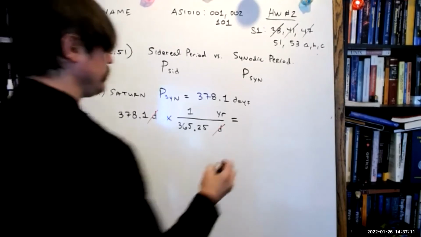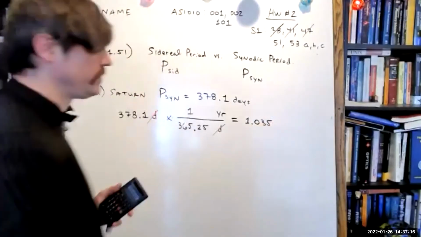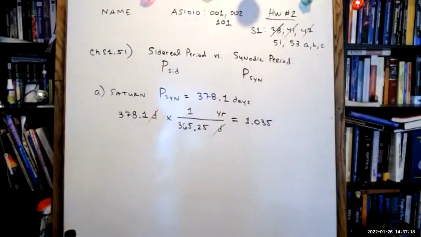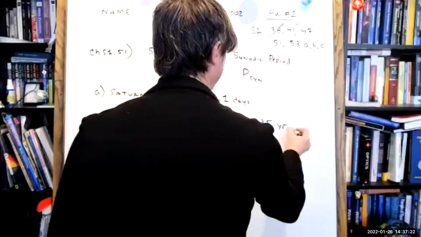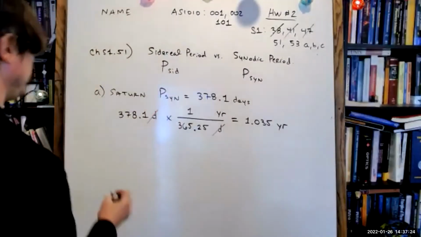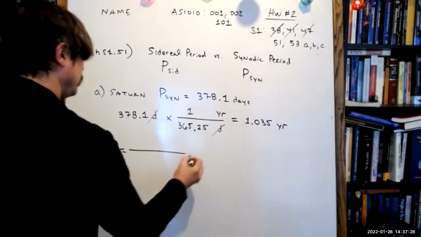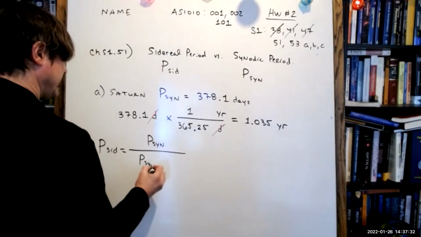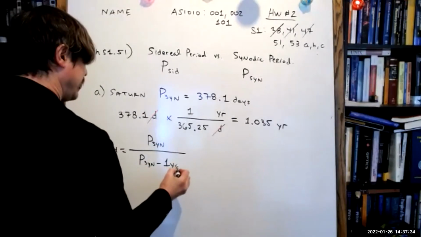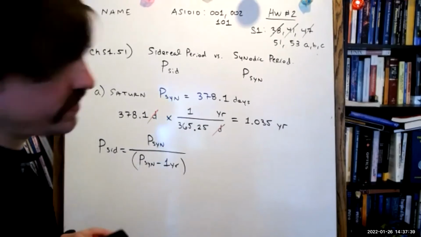1.035. Units? Years. Yeah. So now we've converted our synodic period to years. Now we could use the outer planet formula, where the sidereal period is the synodic period divided by the synodic period minus 1 year in parentheses.